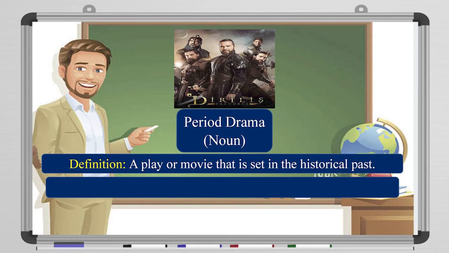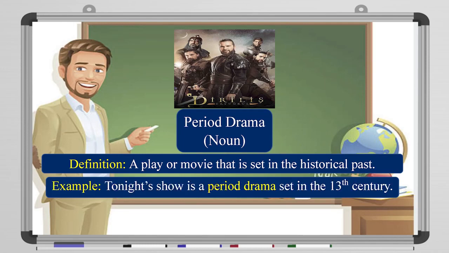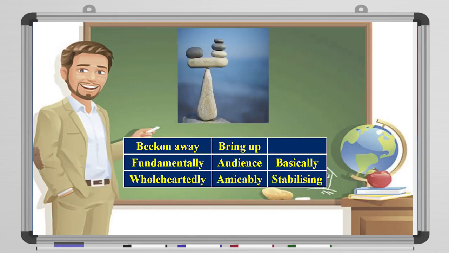It is not made in the past, it is only set in the past. So the characters all wear very old clothes. There are no cars, there are horses, for example. Okay? So, for example, tonight's show is a period drama set in the 13th century. Easy. I like this show, do you? Okay. Let's look at the next picture.